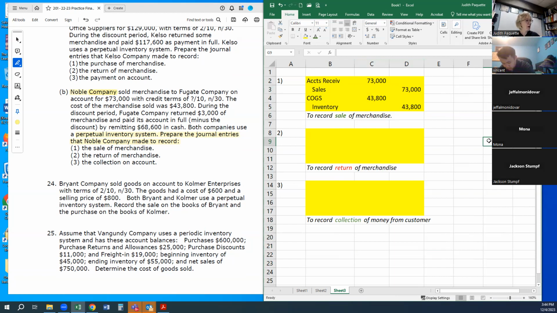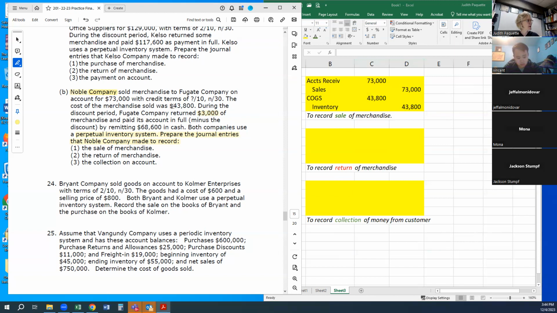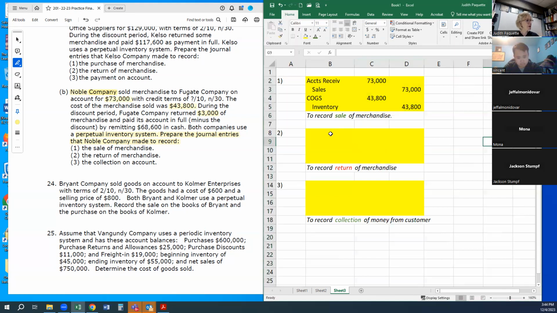Now, when we do a return, we essentially reverse this transaction. The return is only for 3,000. So we're going to come over here. We don't use sales. We use sales, returns, and allowances.